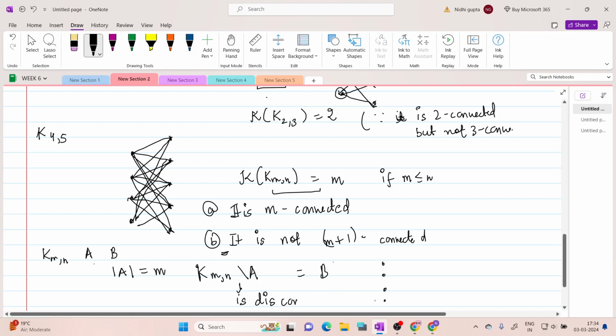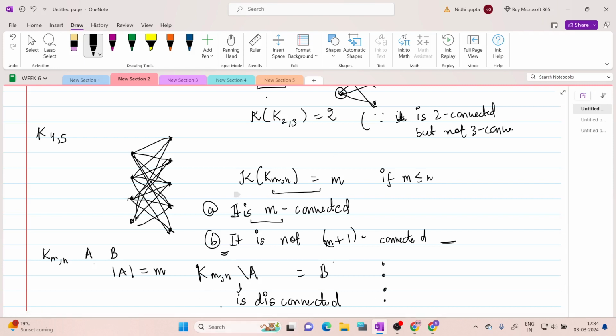So it cannot be M plus 1 connected, and the vertex connectivity is strictly less than M plus 1.